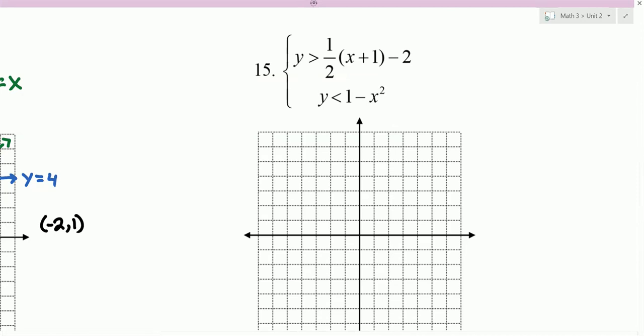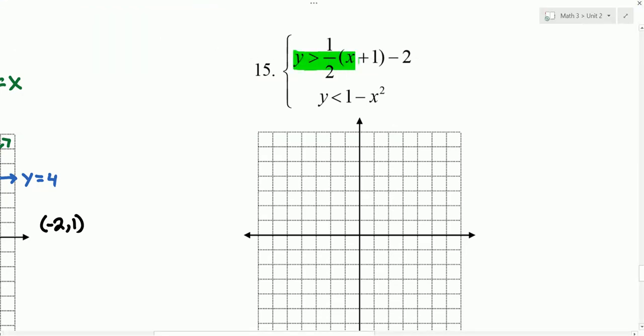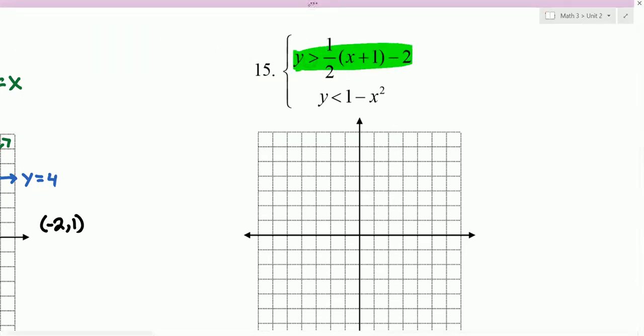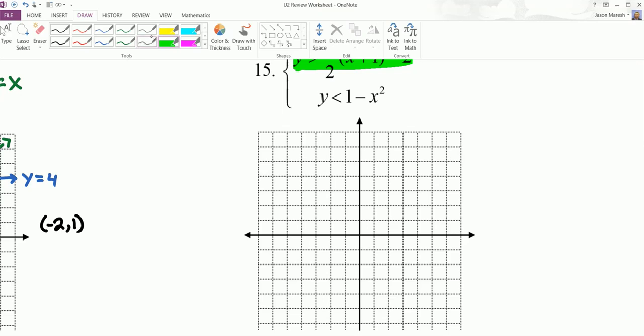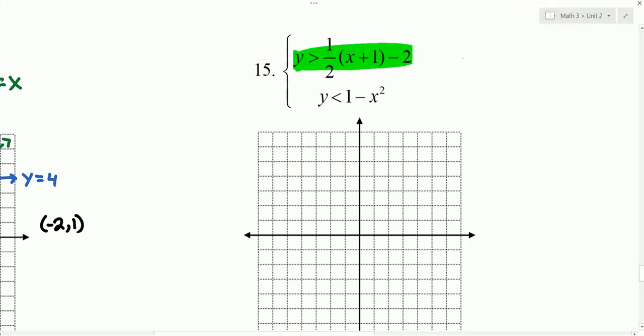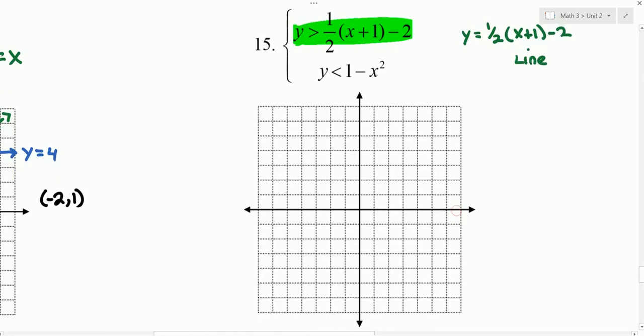So 15, I'm going to graph the first one in green. That's our boundary line. It is going to be y equals 1/2 x plus 1 minus 2. That's a line. The parent graph here has been moved left 1 down 2 from 0, 0.